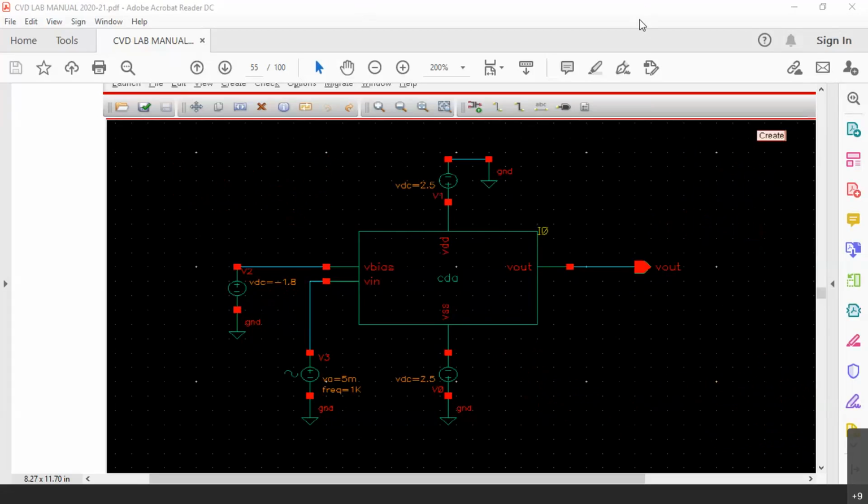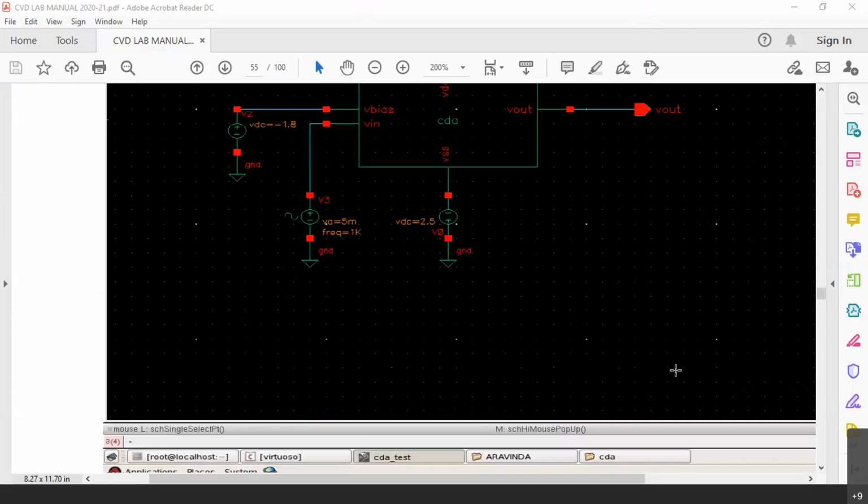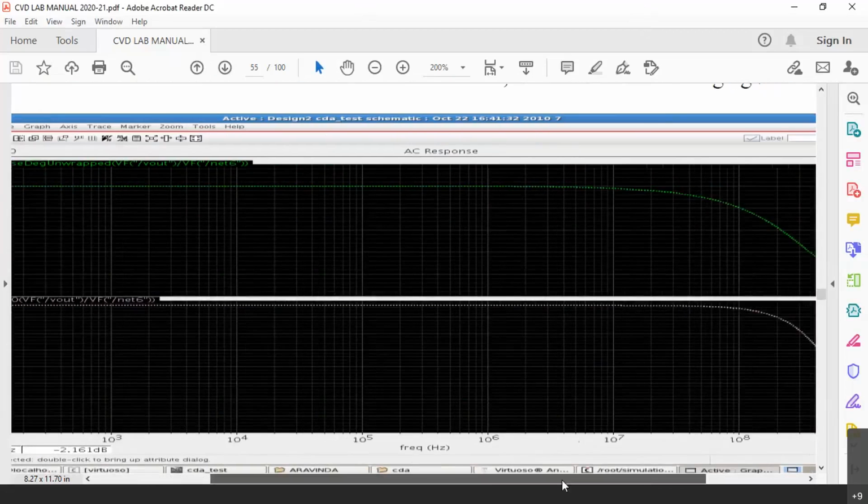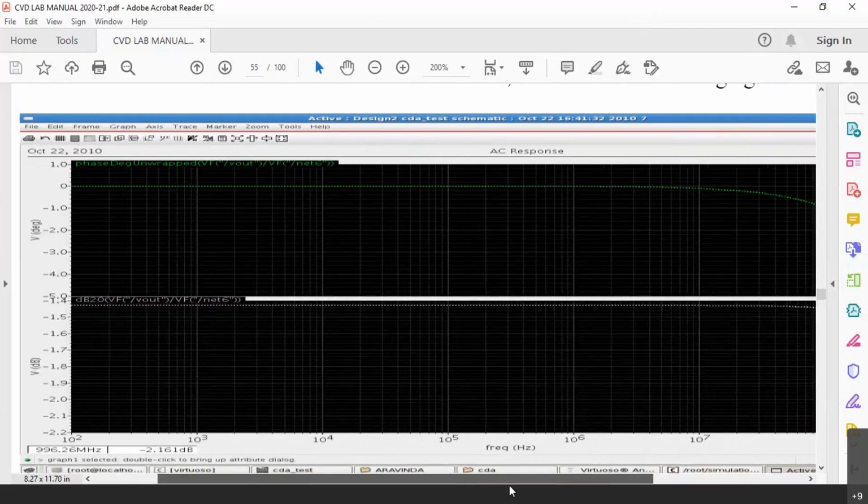Let me proceed. Now, this is the common source amplifier block diagram, which can be simulated directly, and the simulation output is seen here. You can see the phase is 0 degree here. That means the input and output are in the same phase, so you will see 0 degree in the phase response.